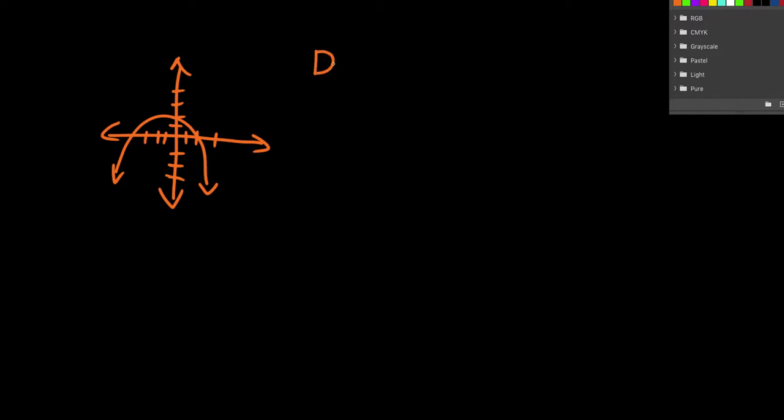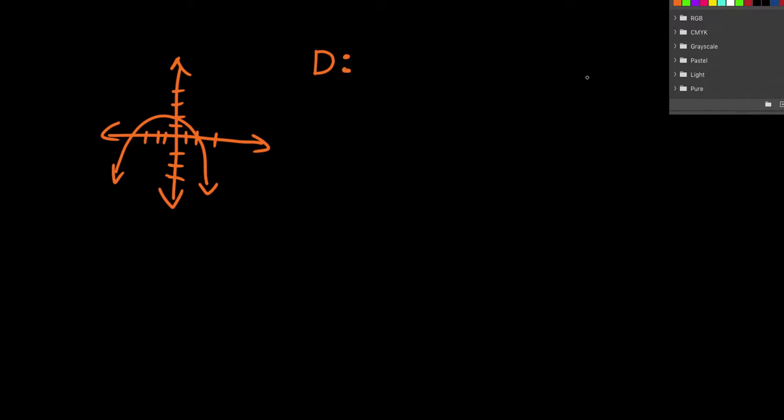So the first type of problems you're going to encounter are problems that just give you a graph, and you're asked to find the domain and range. Okay, so I'm just going to do this.